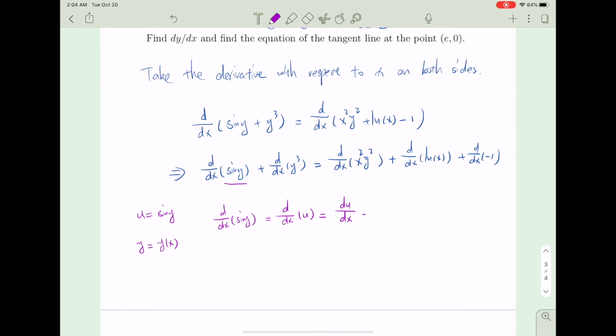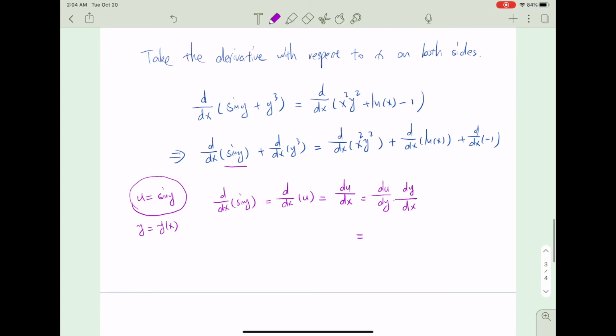And by the chain rule, we know that we can insert one variable in between u and x. So that's going to be y, right? So it's going to be du over dy times dy over dx.